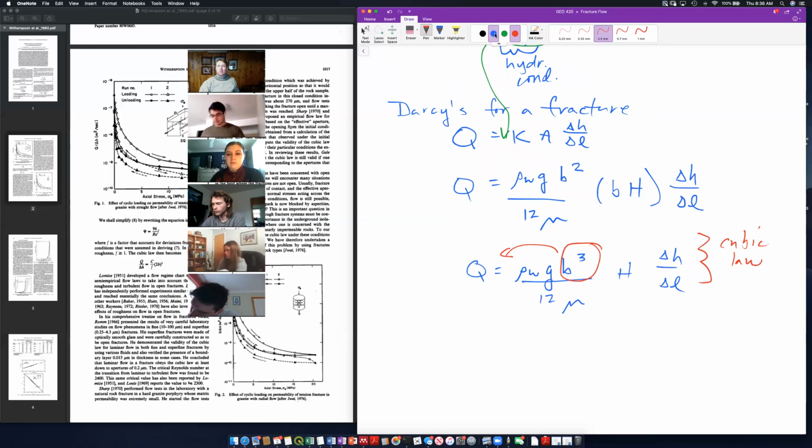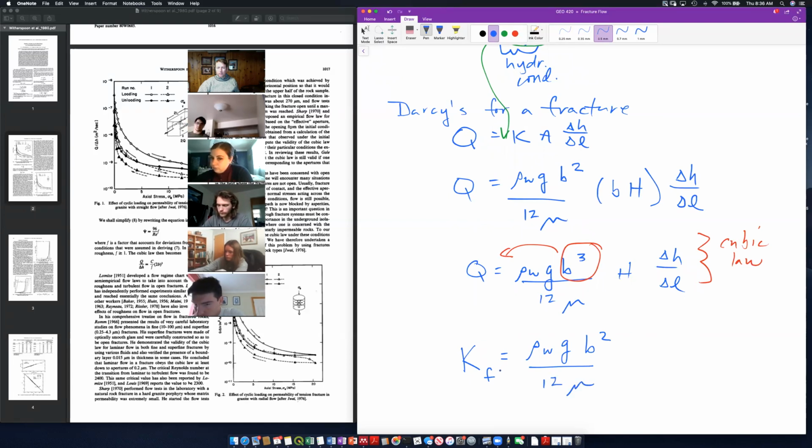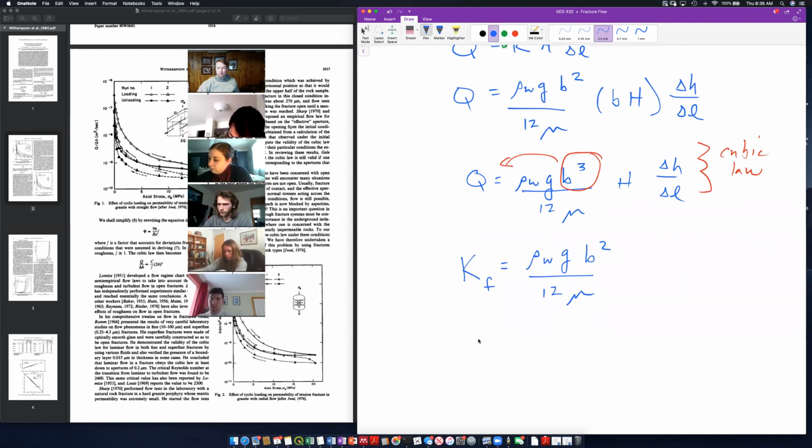So let's look at some other relationships. Well, first of all, the fracture conductivity is equal to rho water G B squared over 12 mu. Do you guys remember what the equation for transmissivity was? Wasn't it KH is equal to transmissivity?